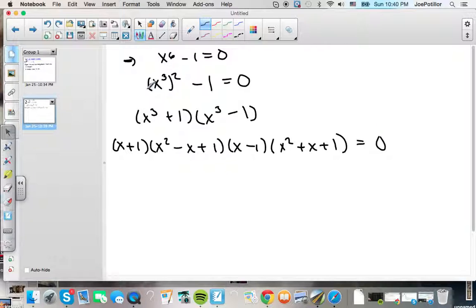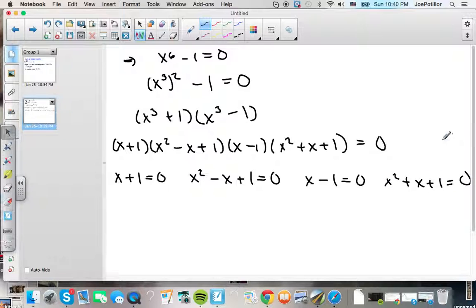Well, this one's not that bad. So then you would set all these factors to 0: x plus 1 equals 0, x squared minus x plus 1 equals nothing, x minus 1 equals nothing, x squared plus x plus 1 equals nothing. On the quadratics, you use the quadratic formula. On the linear ones, it's just x equals 1.